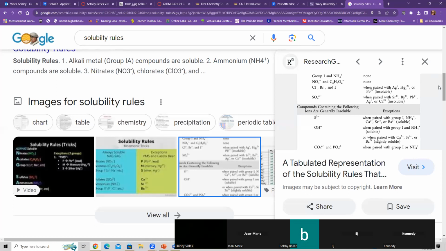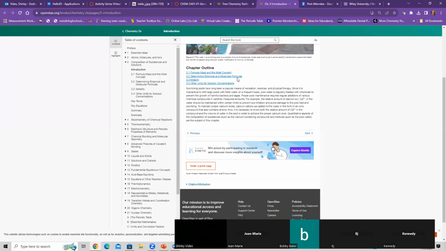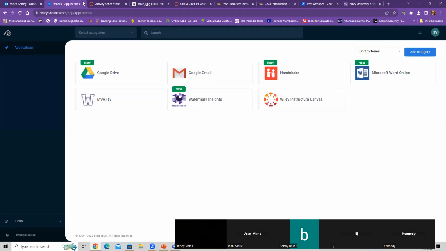No. The one that I like is very generalized, and it'll tell you what's going to happen, like strontium and something else do not make soluble, like that. And I'll post it if I have it in my other class, the one that I told you about, section 2. I have it in that one. So the one you're taking next.